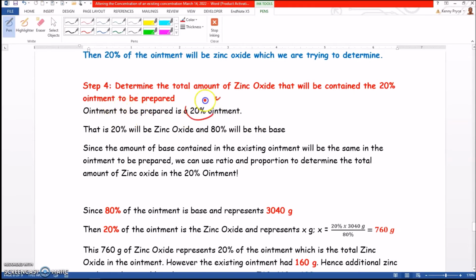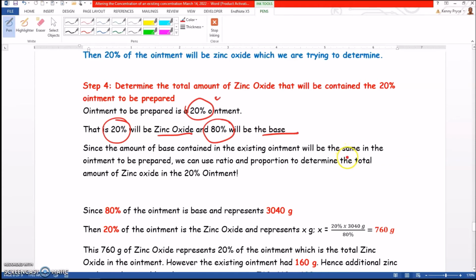So we know it's a 20% ointment, and we know that 20% is going to be zinc oxide and 80% is going to be the base. Since the amount of base contained in the existing ointment will be the same in the ointment that we need to prepare, we already know the total amount of base.